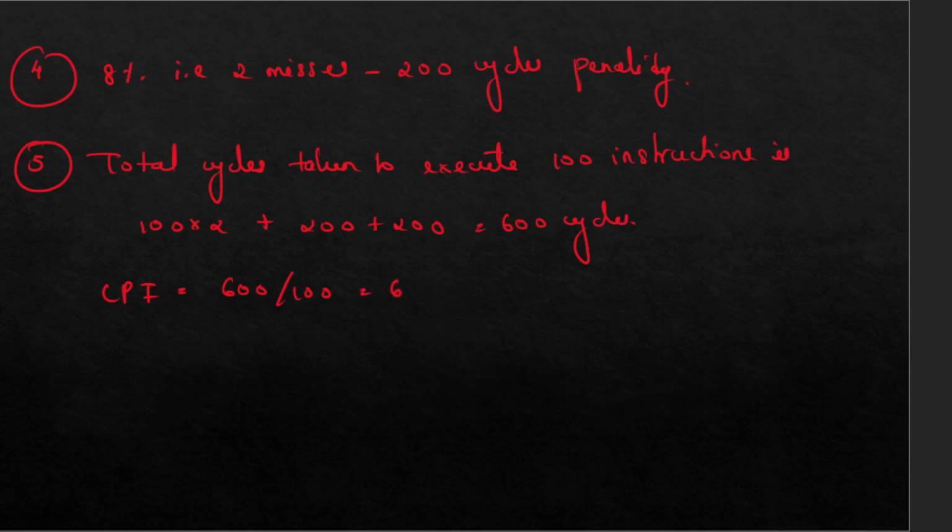In the perfect cache solution, we will have 0 misses, and that is why the CPI will be 2 by default. So the speedup achieved will be 6 by 2, that is 3. So that is why 3 is the correct answer.